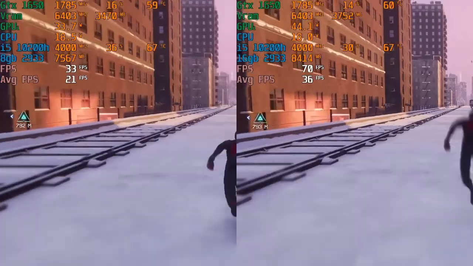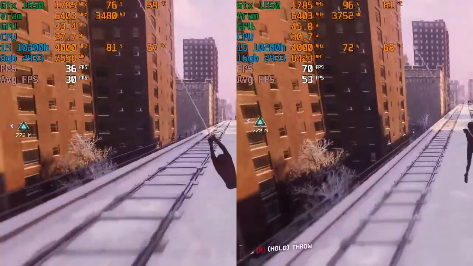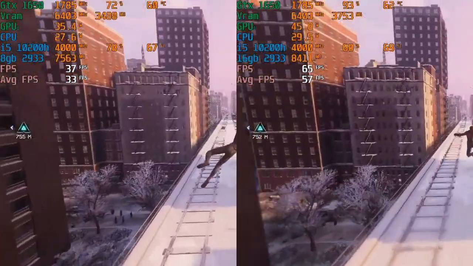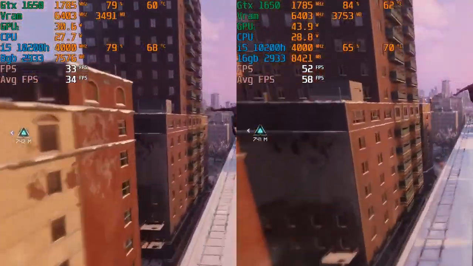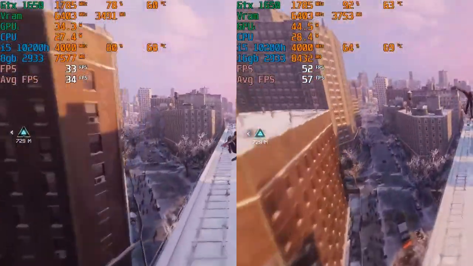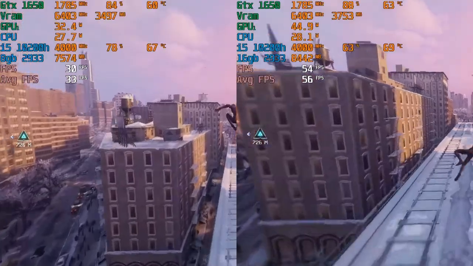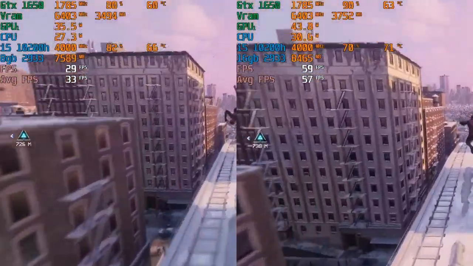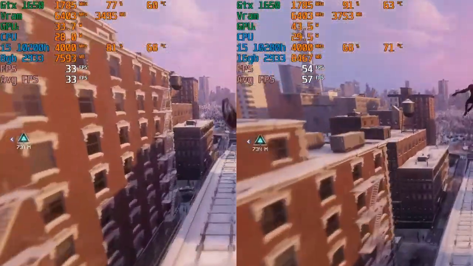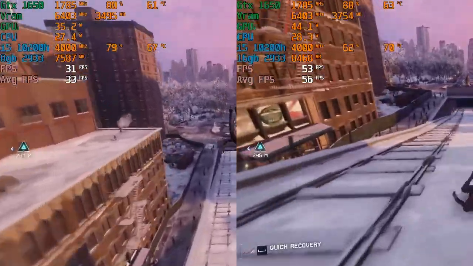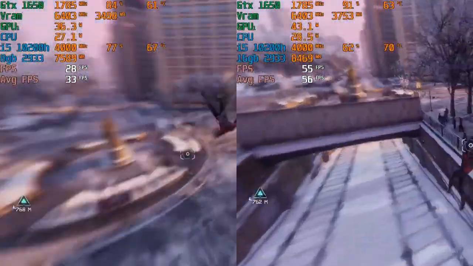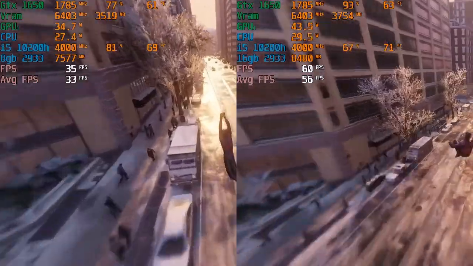Right, now as you're going to be able to see in this example, on the left hand side I've got 8 gigs, on the right hand side I've got 16 gigs. So straight off the bat, if you look at the CPU, you're going to notice that the percentage usage is much higher because there's a bit of a bottleneck. And the reason there's a bottleneck is because we only got 8 gigs of RAM.